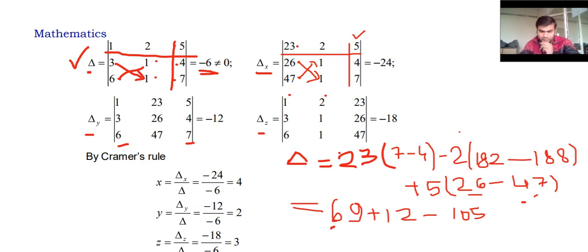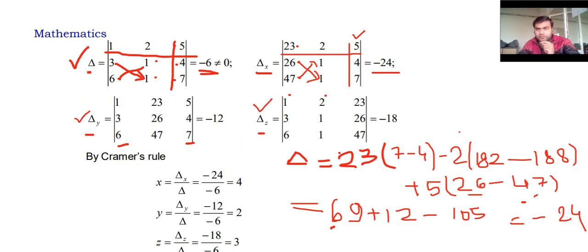Okay, so 69 plus 12 minus 105, so this becomes minus 24. So minus 24 is your answer. Now we have to solve similarly delta y and delta z.